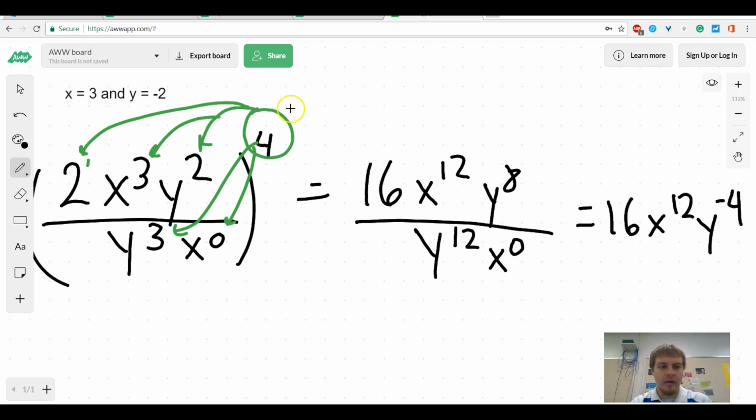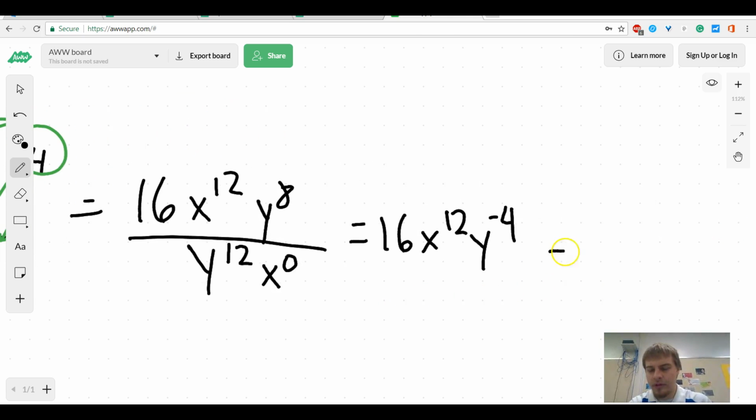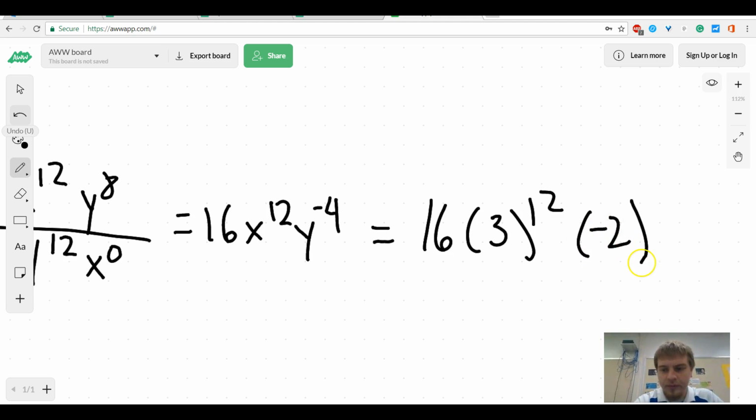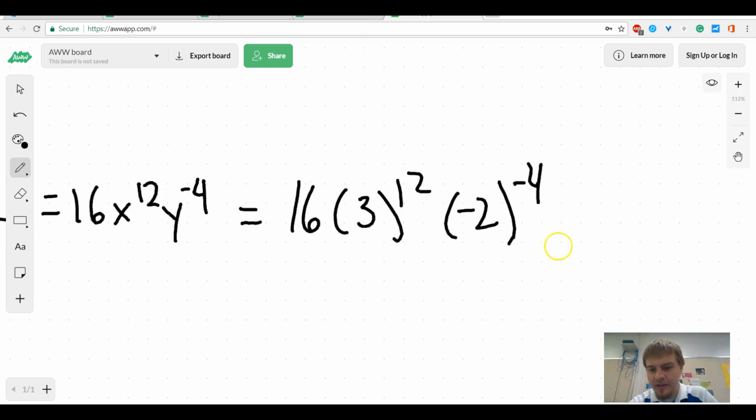Now we'll plug in our values, so we'll plug in 3 for x and -2 for y. So we're going to have 16, 3 to the 12th, and then y to the -4th, or whoops, messed up there. That'd be 3 to the 12th and (-2) to the -4th. And then we will start combining stuff as much as we can.